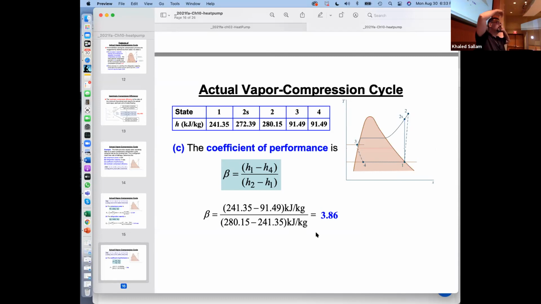Yes, question. Do you think they would get that number by taking the average difference over that? Let me rephrase the question. So if I understood right, the question, what's your name? Charles. Charles is saying, do you think that COP can be calculated based on the ideal cycle, just as if it's Carnot, TH minus TL?